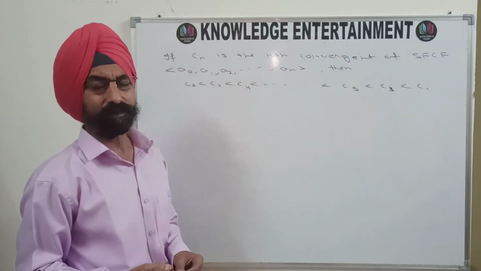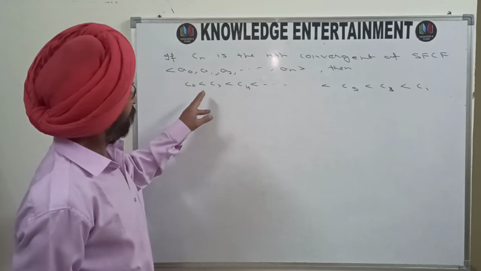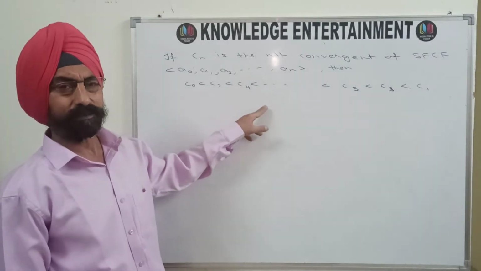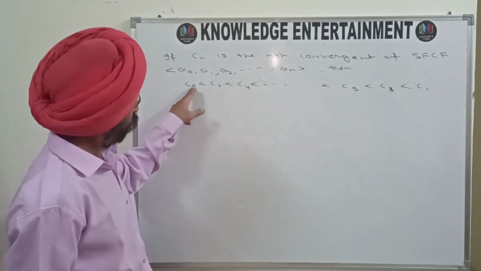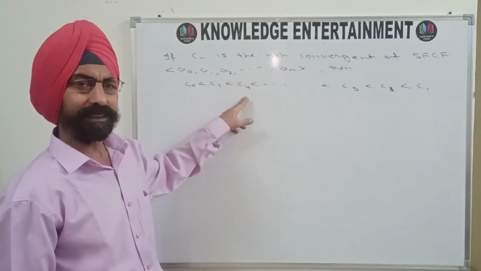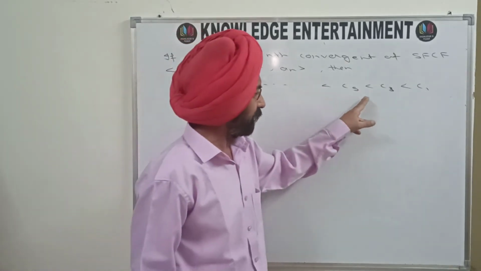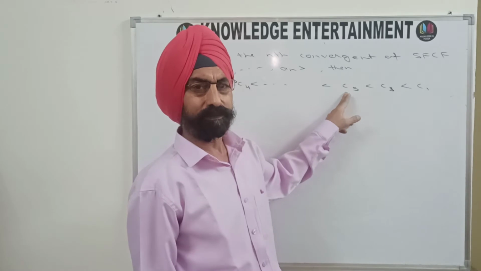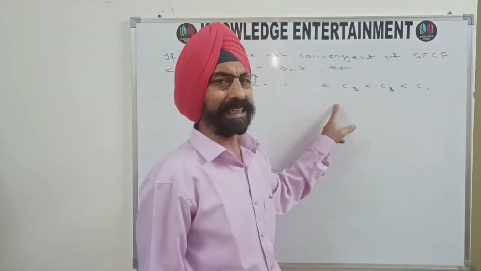That means the sequence C2n is monotonically increasing, and the sequence C2n plus 1 is monotonically decreasing.